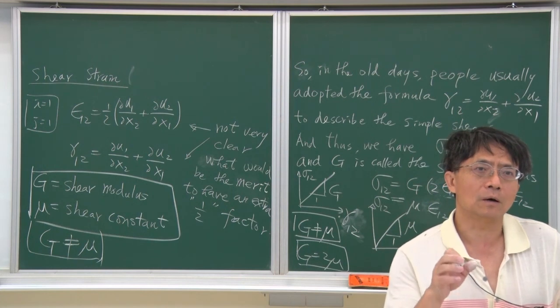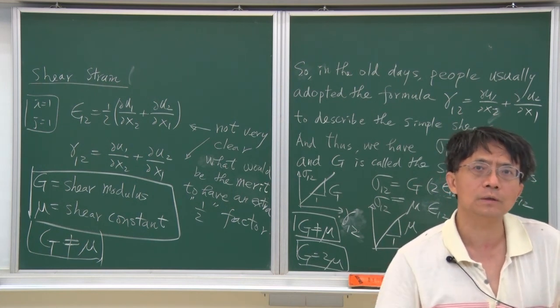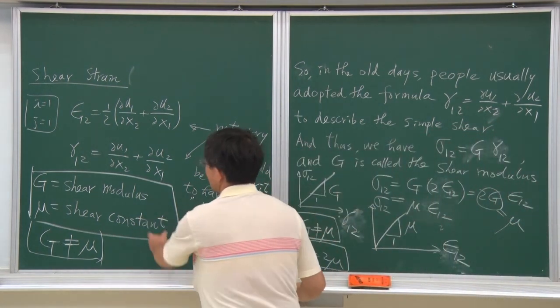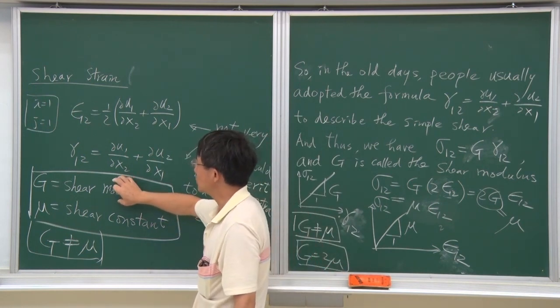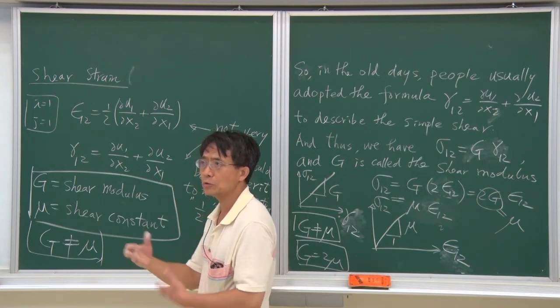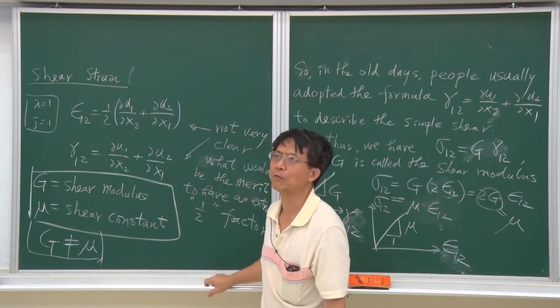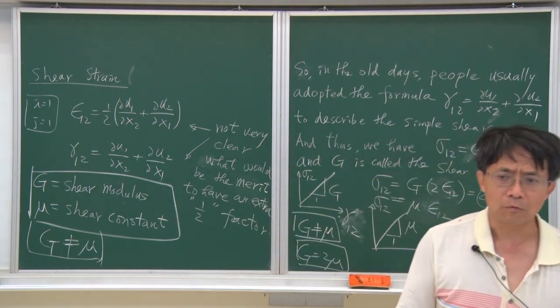Okay, if the manual asks you to input the shear constant, then you go to find the shear constant. If the manual asks you to input the shear moduli, then you should find the shear moduli. You shouldn't mix up these two concepts. Okay, it is not a very deep concept.